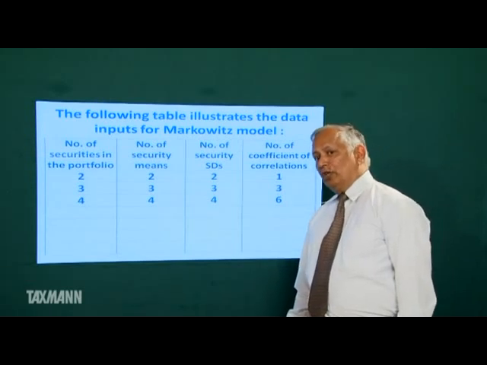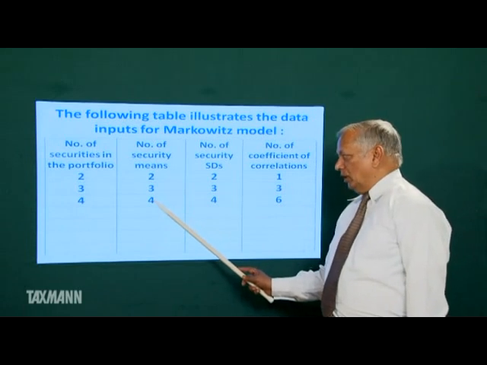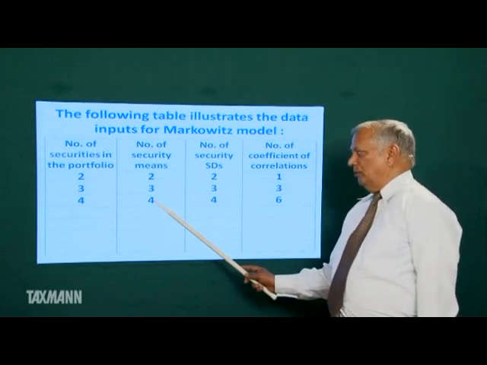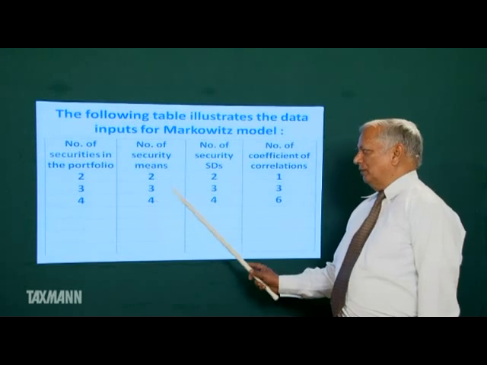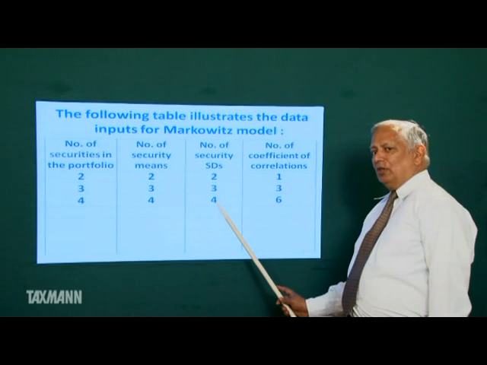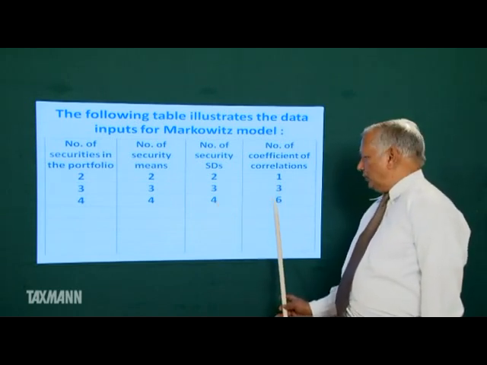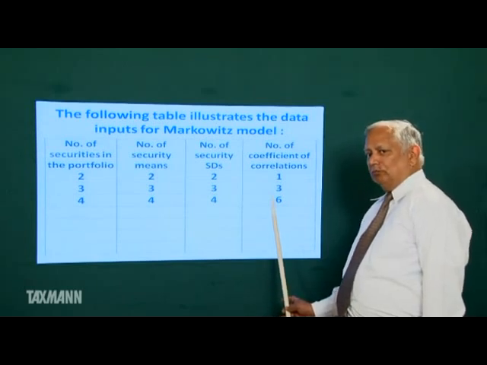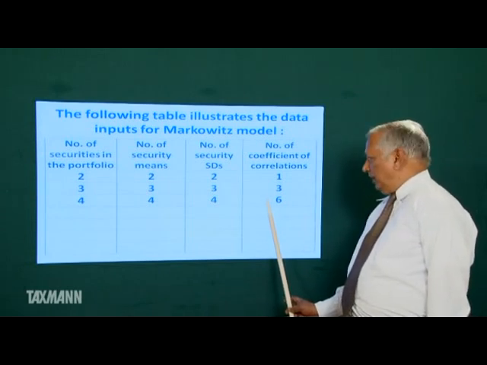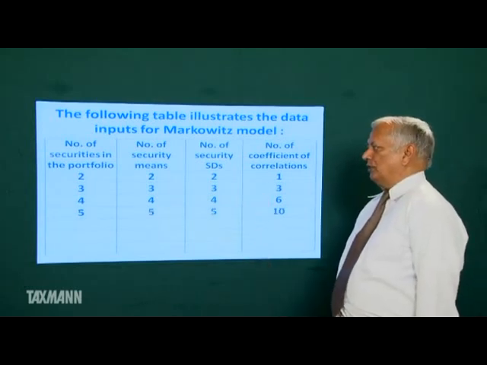Suppose 4 securities are there, A, B, C and D. We require mean return of A, B, C, D. Standard deviation of A, B, C, D. Coefficient of correlation of A and B, A and C, A and D, B and C, B and D and C and D. We require 6 coefficients of correlation.